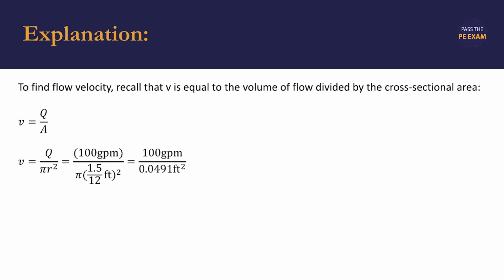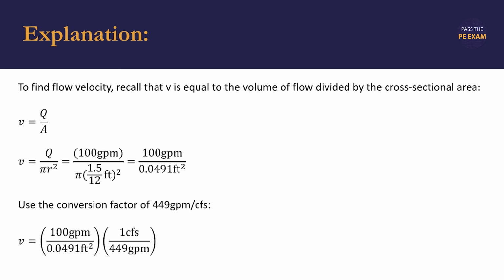So continuing to simplify and incorporating our conversion factor of 449 gallons per minute per cubic foot per second. Again, this is why we had to convert from inches to feet for the radius of the pipe. We find that the velocity of the flow is 4.536 feet per second.